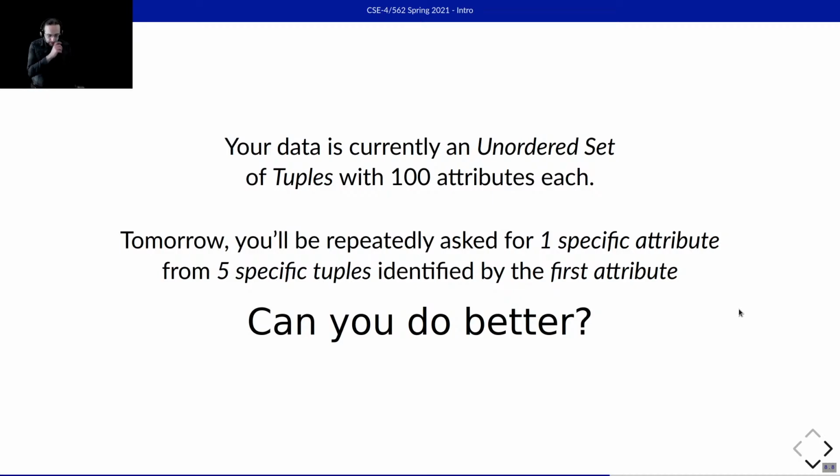So this very quickly addresses the point that I need 5 specific tuples identified by one attribute. Can anyone think of a way to take advantage of the fact that I'm telling you that I'm only going to need one specific attribute out of the tuple?